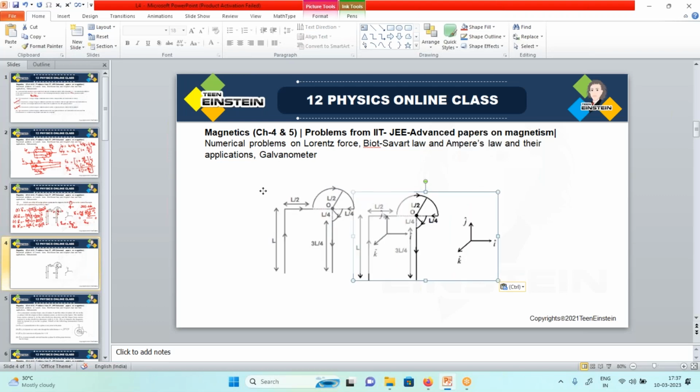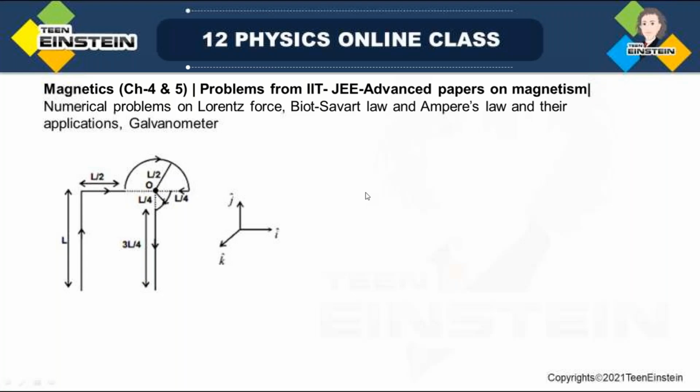Okay, so this figure, let me keep it here and see. I had given names A, B, C, D, up to here it is E, then this is F, EF, then F and G. So the net magnetic field will be obtained due to the magnetic field produced by the segment AB.